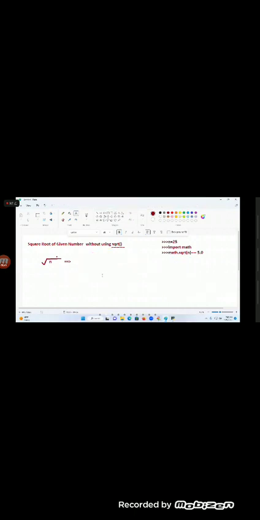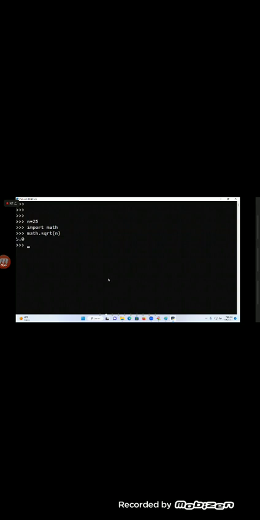N to the power of 0.5: how do you write it in Python? n star star 0.5, we can write it. Which is equivalent to which function? SQRT. A very important concept here. So coming back, n is equal to 25, I say n star star 0.5, which gives the same answer, 5.0.